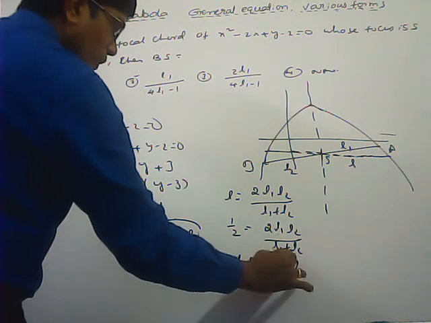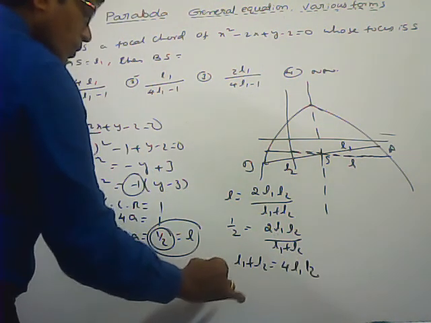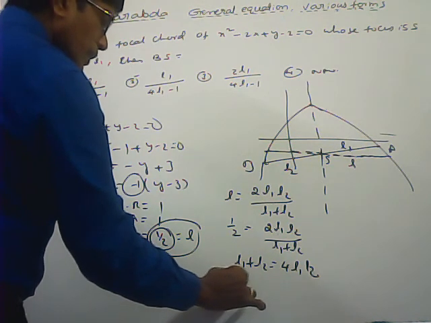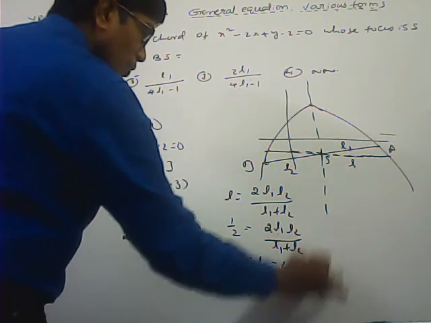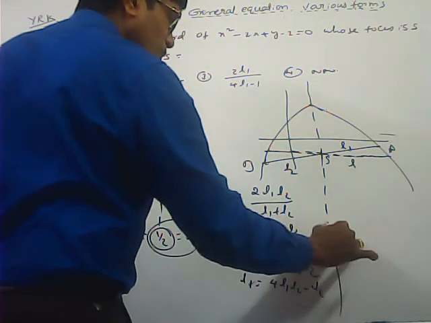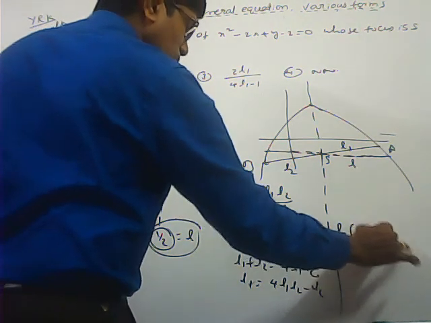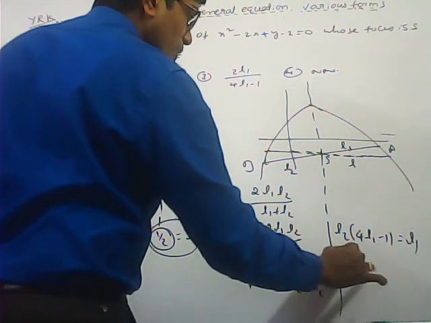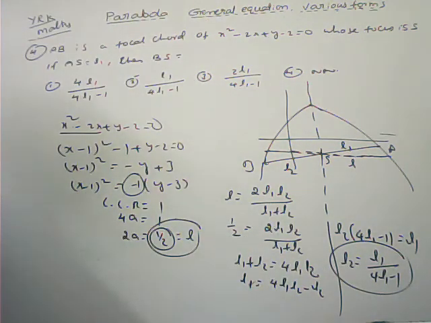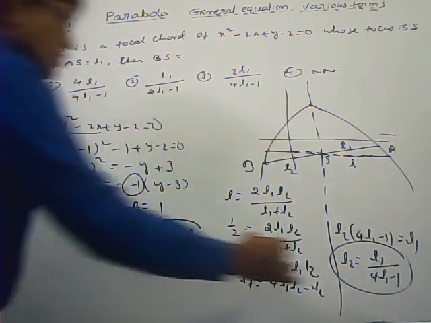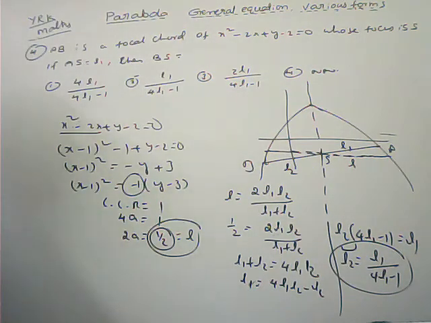Cross multiplying, L1 plus L2 is equal to 4 L1 L2. Now L1 is equal to 4 L1 L2 minus L2. Taking L2 as common, L1 is equal to L2 into (4 L1 minus 1). So L2 is equal to L1 by (4 L1 minus 1). That is the second option.